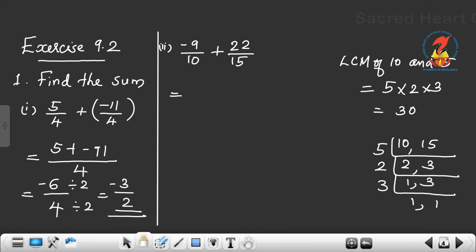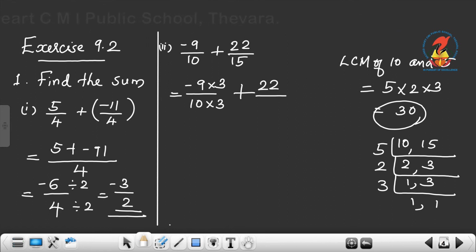Then negative 9 by 10: you have to make the denominator 30, so you multiply both numerator and denominator by 3. Negative 9 by 10 into 3. Then 22 by 15: 15 into 2 is 30, so multiply the numerator also by 2. Negative 9 into 3 is negative 27, and 10 into 3 is 30.